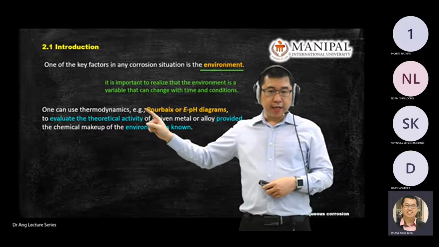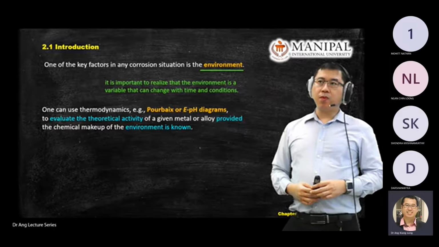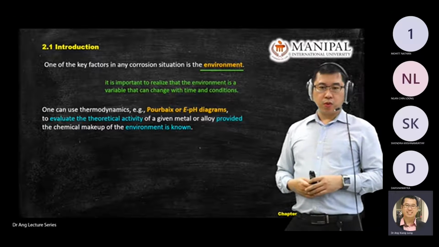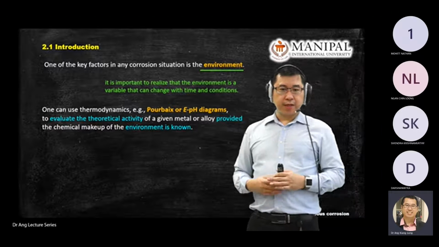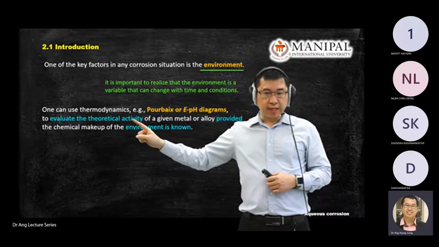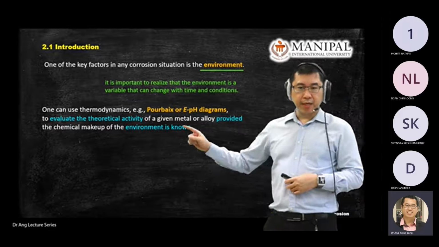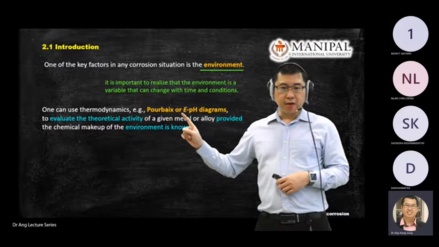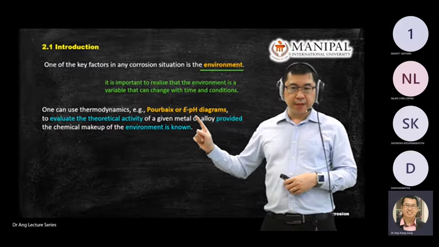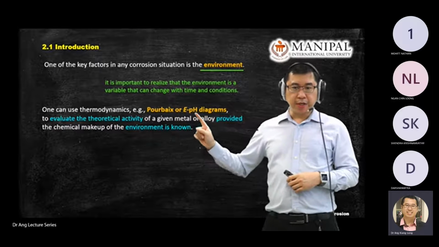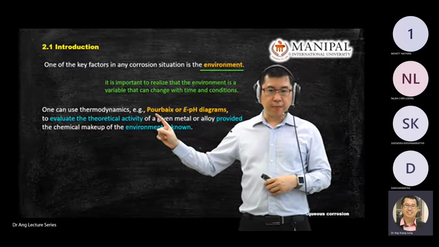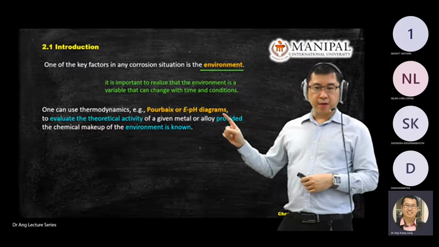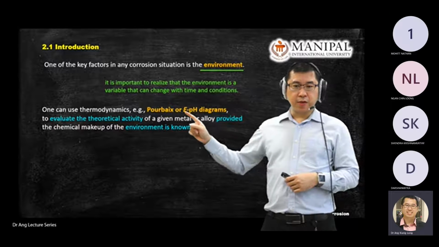All right. So another one is, what tools can we use to evaluate the theoretical activity? Okay. We will be using the pH diagram or potential pH diagram, or another name for it, we call it the Pourbaix diagram.